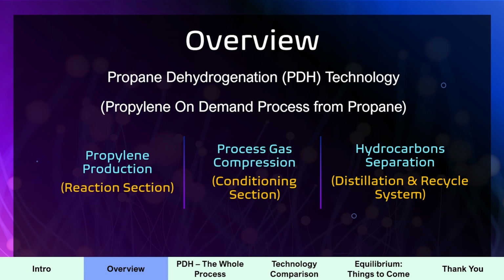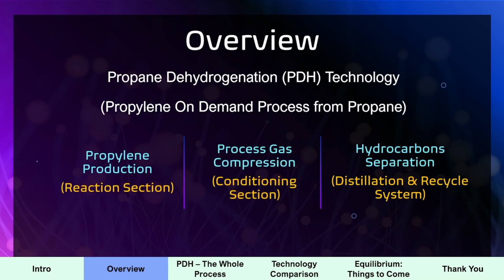Conditioning exists because we know you're never going to have 100% conversion of your raw material. For propylene production, the reaction section is the kitchen of the whole system, where you are making propylene from propane. That section goes to almost 40% conversion of propane to propylene, and the selectivity is somewhere between 80 and 90%, because at the end of the day, we want to make propylene.